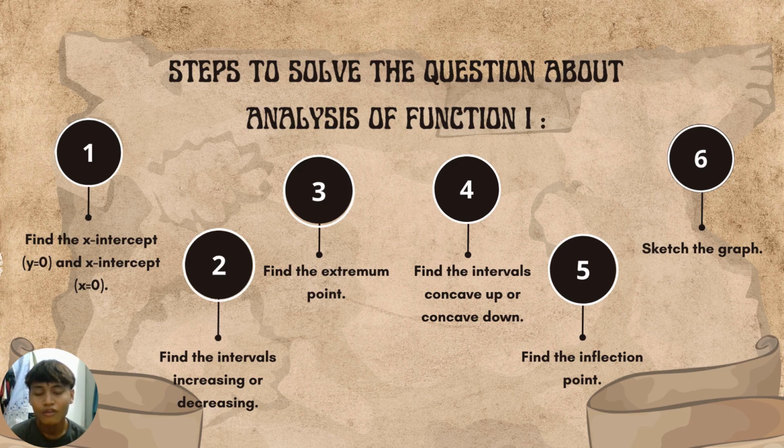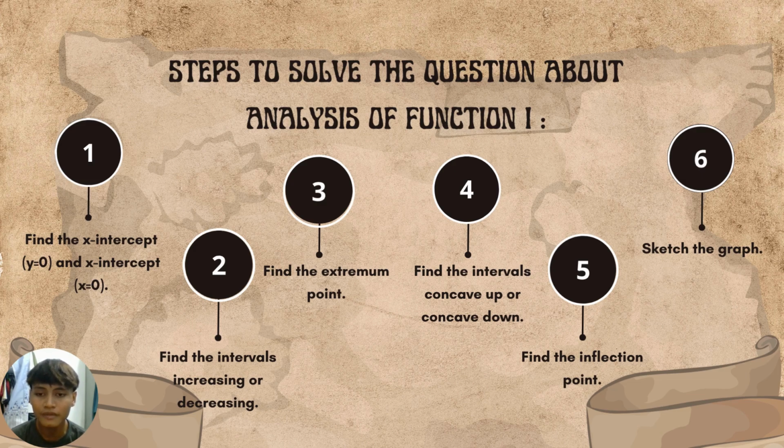Okay, analysis of function 1 has a few steps to solve. The first step is to find the x-intercept, which is y equal to 0, and the y-intercept, which is x equal to 0.